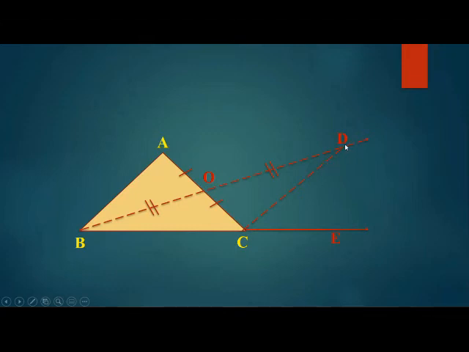Then we have joined D with C. So we have concluded that AO and OC are congruent, and also BO and OD are congruent. And you can observe that two triangles are being formed, AOB and OCD.